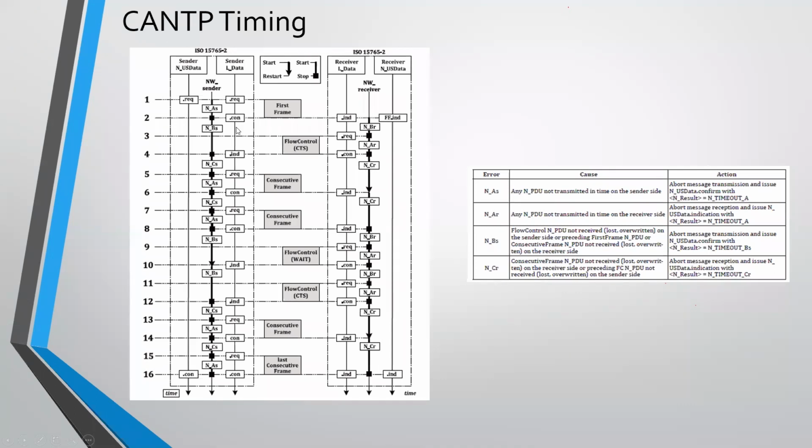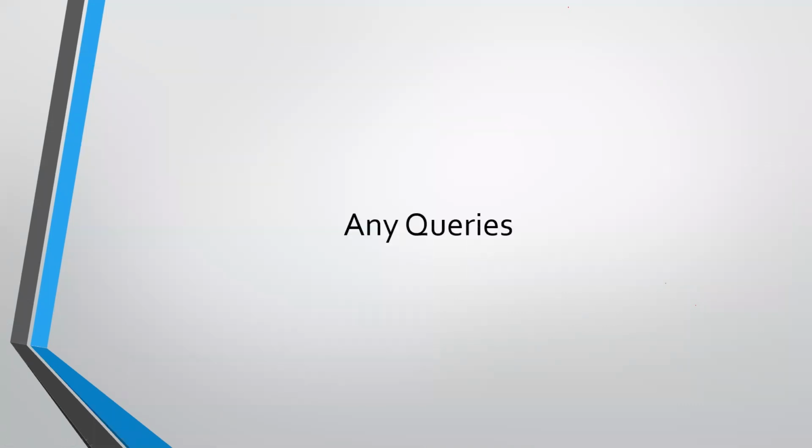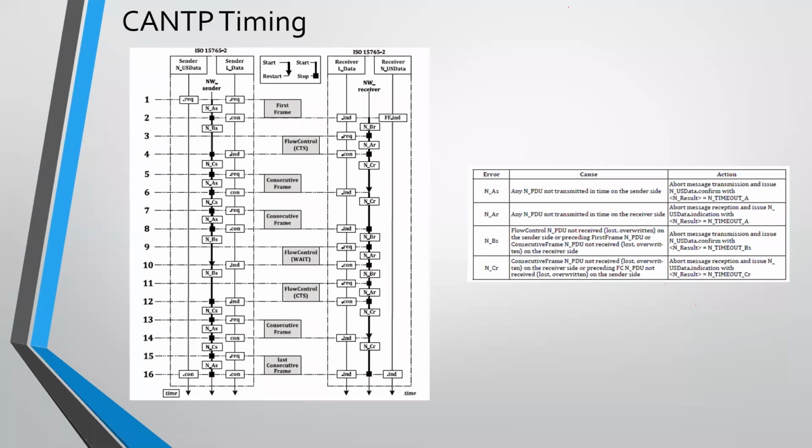Suppose NCS time is fixed, and suppose someone hasn't sent the consecutive frame in that time. After receiving the flow control response, there is a stipulated time in which you have to send the first consecutive frame.